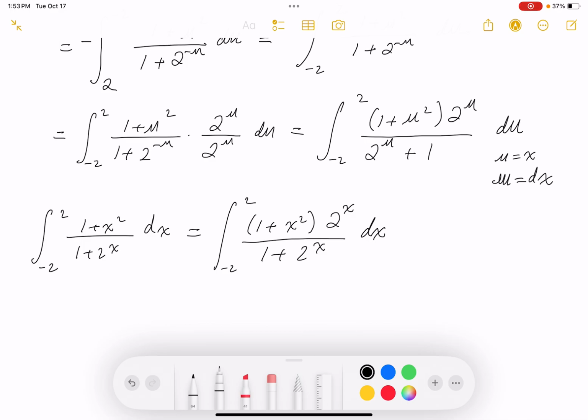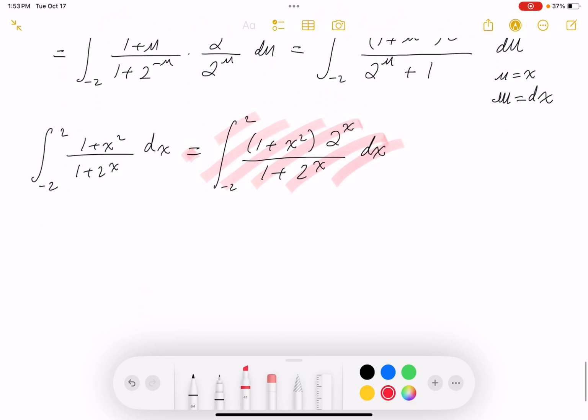All right? And then what am I going to do? Well, I'm going to add, it's an equation, by the way, I'm going to add this thing to both sides.